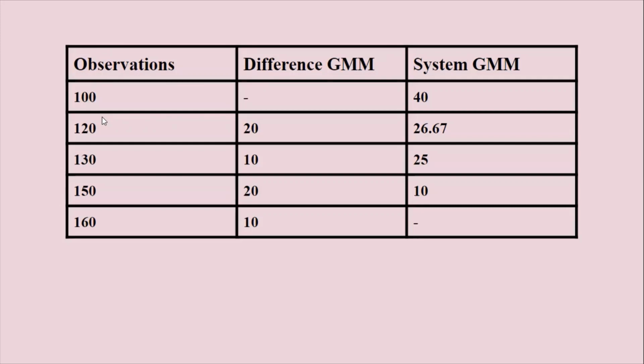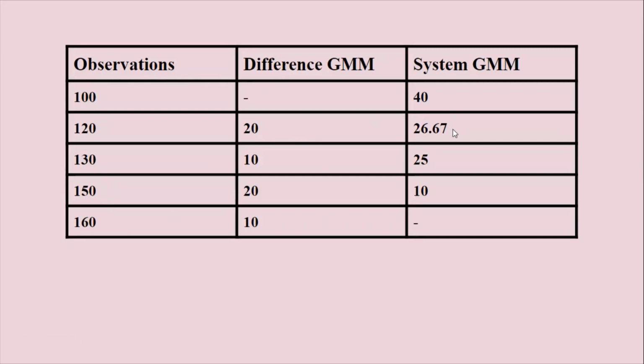So you need to take the average of 120, 130, 150, and 160 and subtract 100 from that value. So it will be 40, right? Now, to obtain the second observation, you need to subtract 120 from the average of 130, 150, and 160. So that will be 26.67.